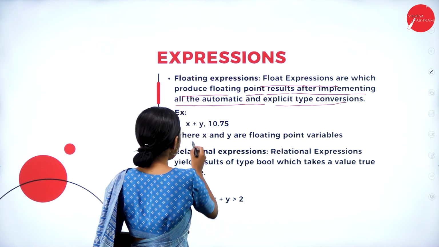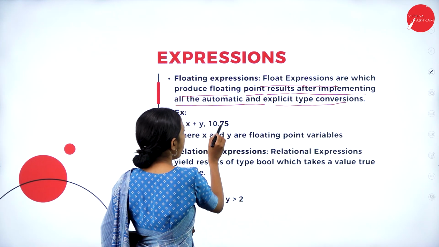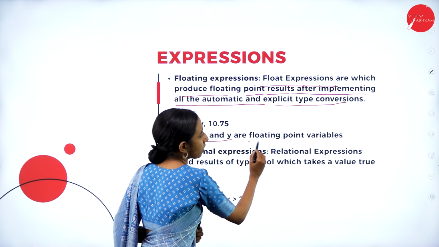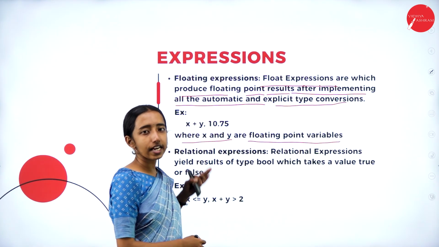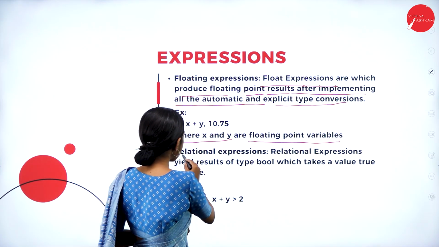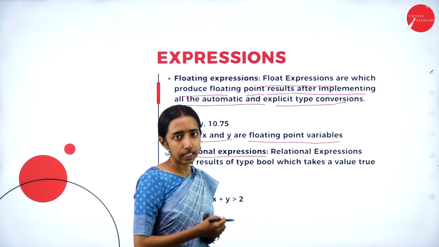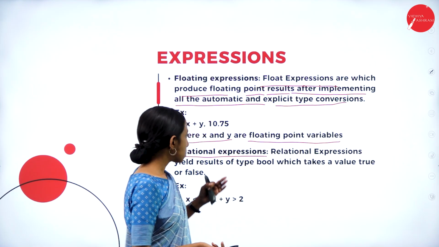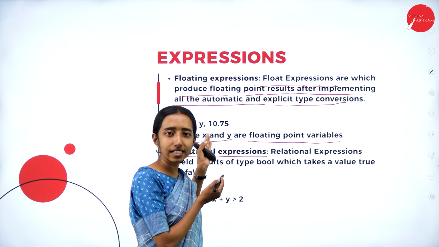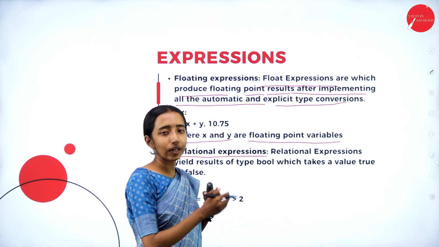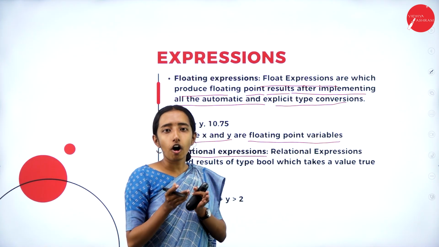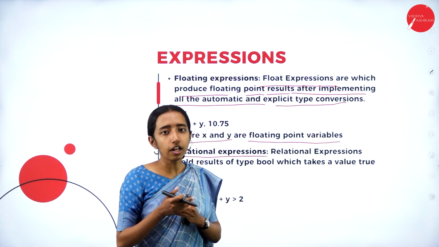Here we have x plus y, comma 10.75, where x and y are floating variables. The floating expression is the same as the integral expression, but it will give you the result in floating, or decimal, form.